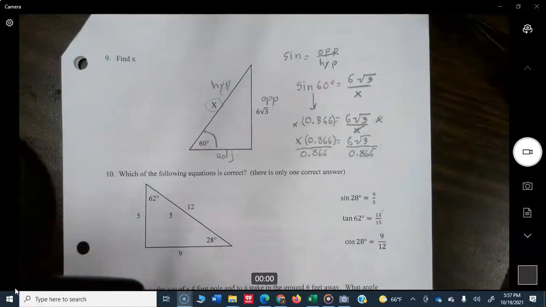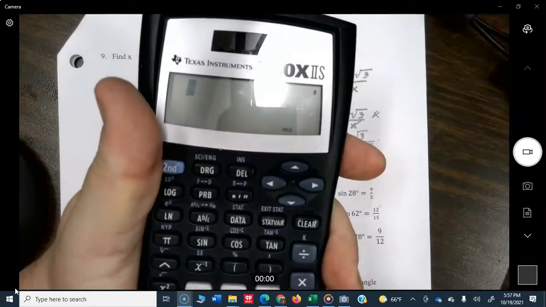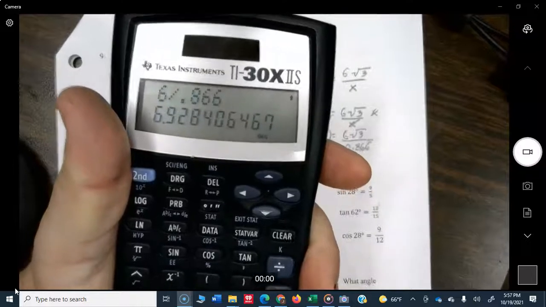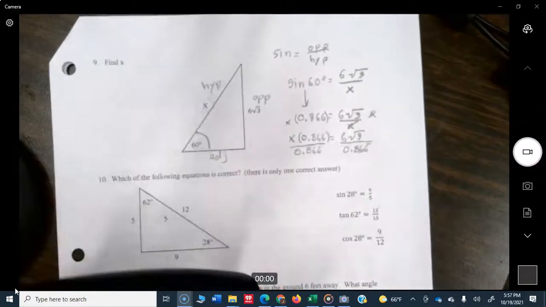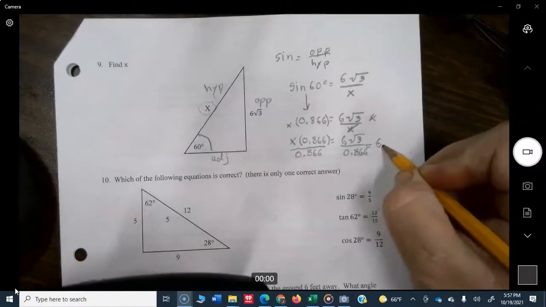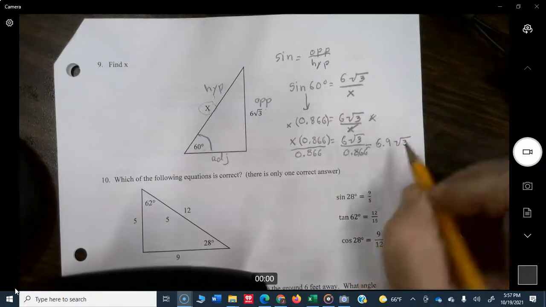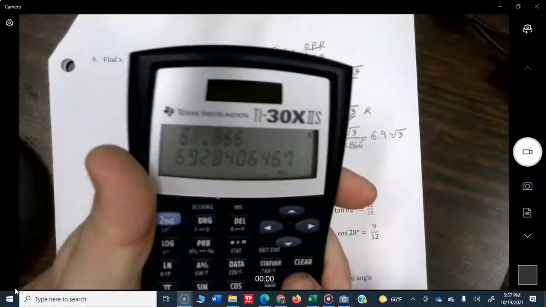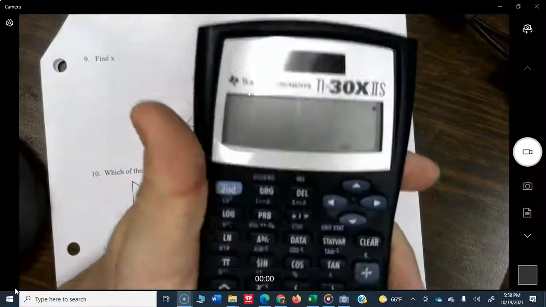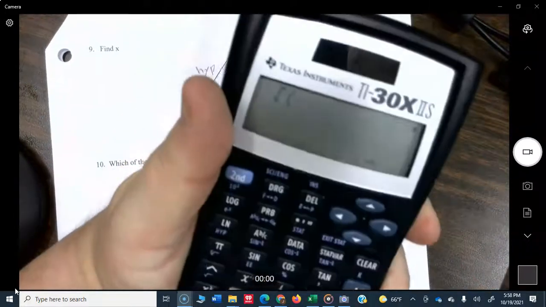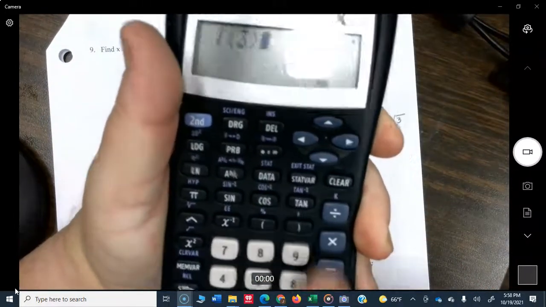So 6 divided by 0.866 equals 6.9. I'm just going to call it that. So it's 6.9 root 3. If you wanted to, you could go on the calculator and take the square root of 3: hit second and x squared, which gives you a square root, and put a 3 in.